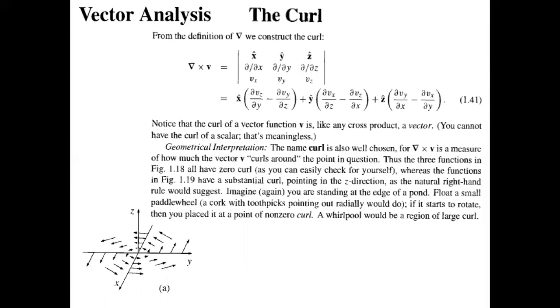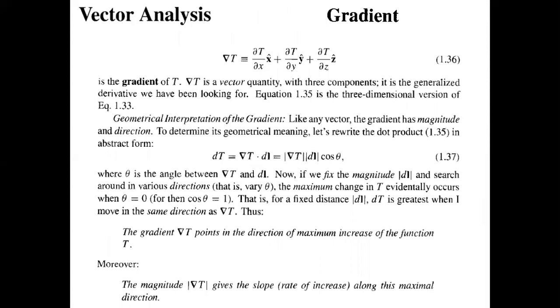Before I go on, let me go back to gradient one more time. A good example for gradient is temperature. Temperature is a scalar. So when we talk about the difference of temperature within a room, or in terms of height, say you go up a mountain, because of the increase in height, the temperature goes down. So the temperature does have a direction.